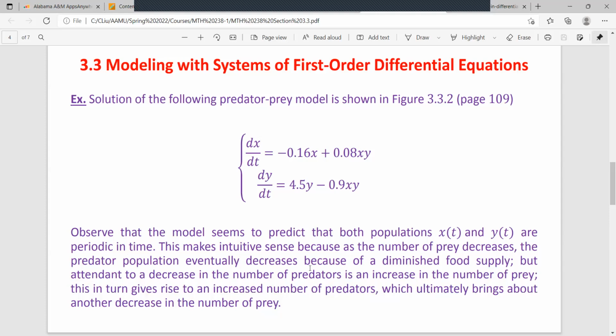Okay, but attendant to a decrease in the number of predators is an increase in the number of prey. So what it means is, now the population of foxes decreases, but that will give more chance for the rabbits to survive. So the population of rabbits will increase after some time, right? Okay.